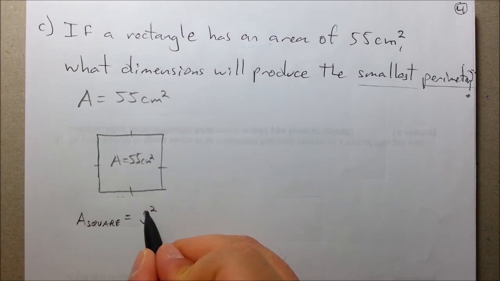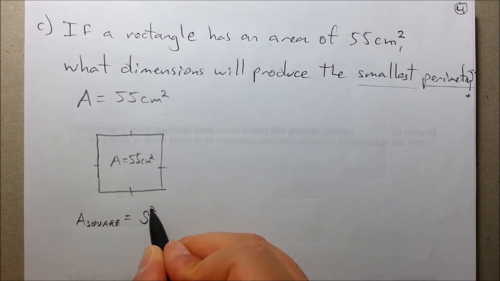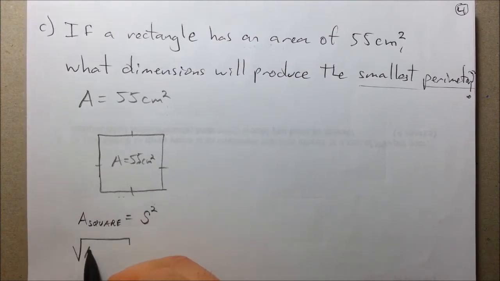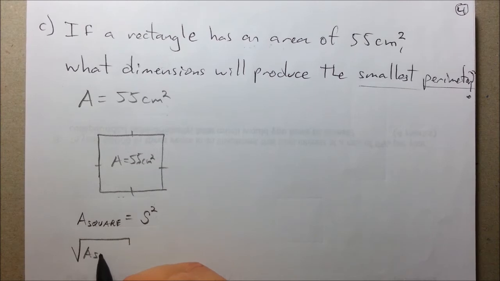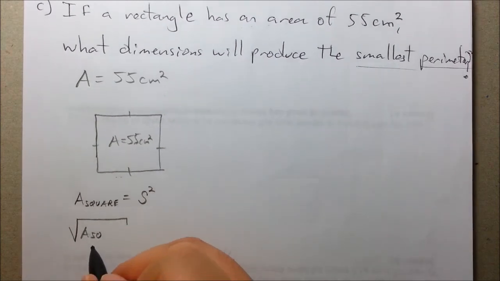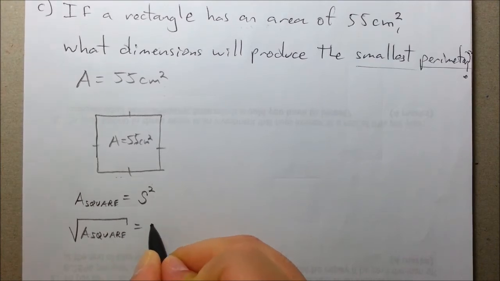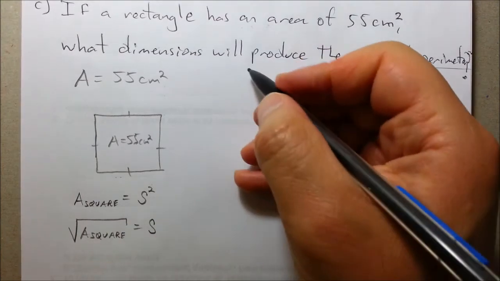If we're going to solve for the side length, we do the opposite operation. The opposite of squaring a number is taking the square root. So we have to square root the area to get the side length.